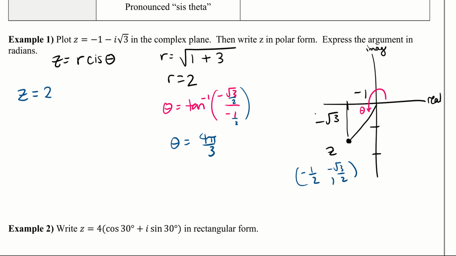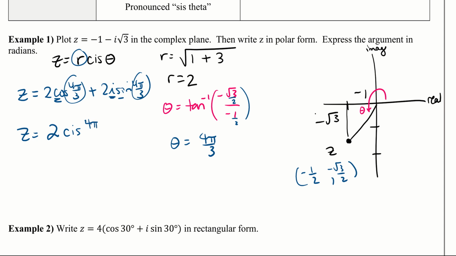It could be written 2 cosine of 4 pi over 3 plus 2i sine of 4 pi over 3. But the fastest way to write this is r, which is 2, and then cis for a cosine i sine of the angle. These angles will be the same every time, which is 4 pi over 3. And that's going to be the fastest way to write this number in polar form.